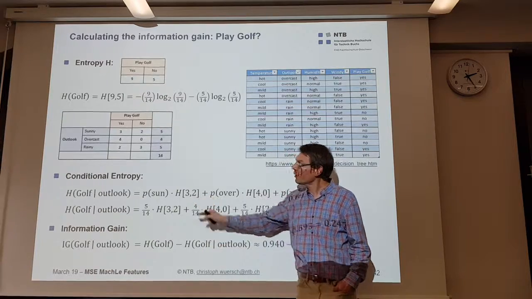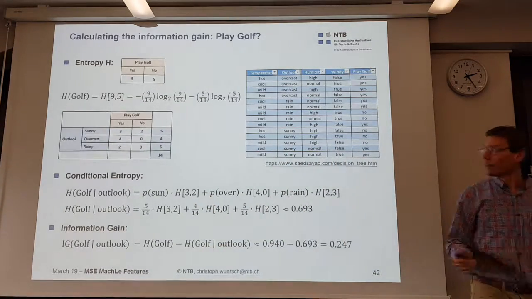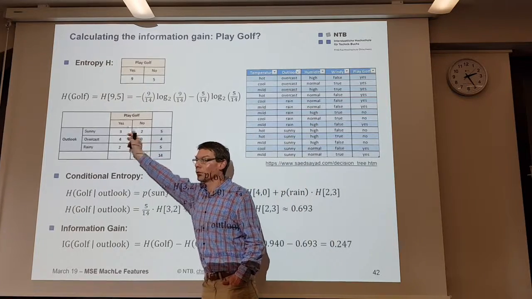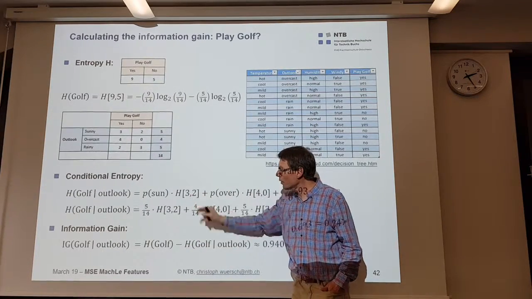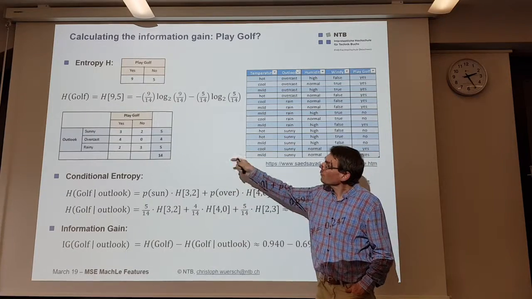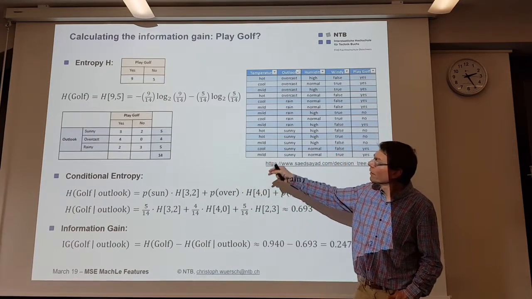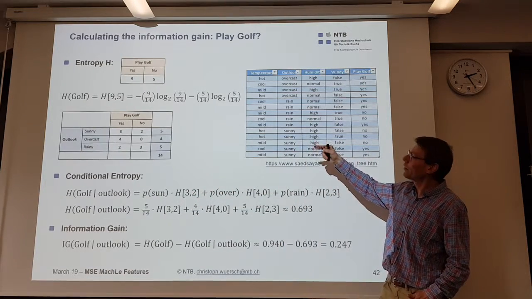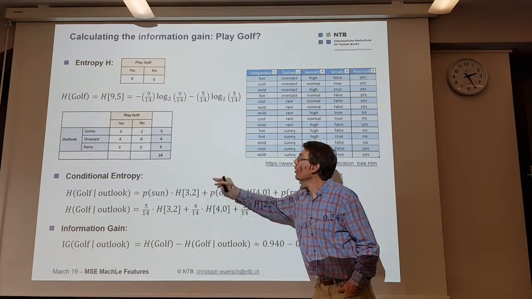This is the entropy that we would get if we take this criterion, sunny, to split the group. The entropy 3, 2 would be the sum of the logarithms here, defined over 3 over 5 log 3 over 5, plus 2 over 5 log 2 over 5.